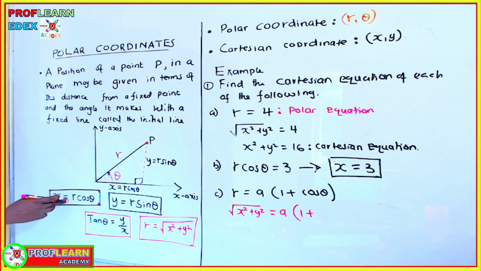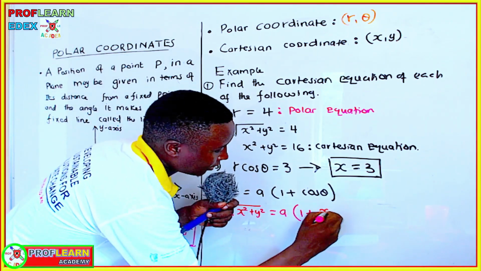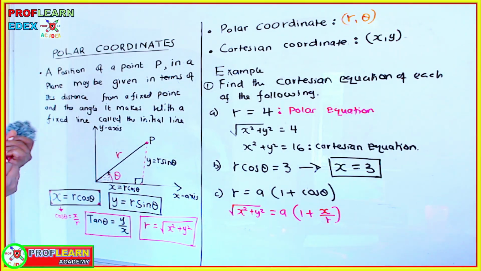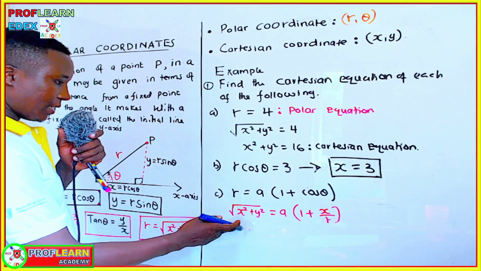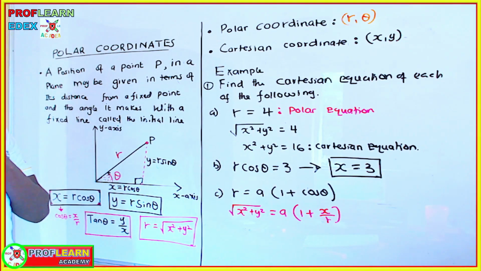From this equation here, you can see we can have cos theta written as x over r. So we can now decide to square both sides.